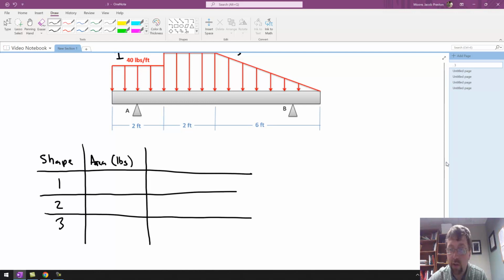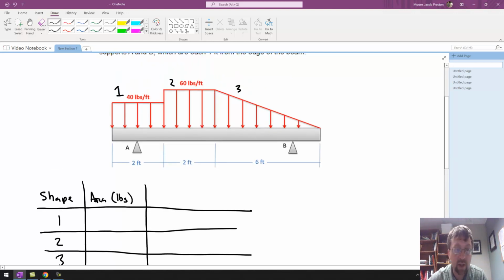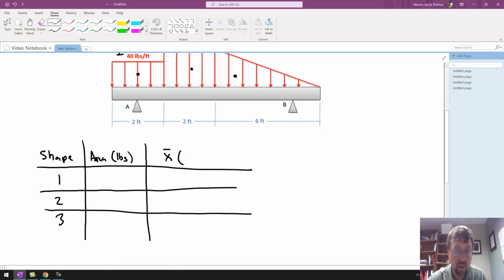And then in terms of the other piece, we need to know the centroid or x-bar of each of these 3 pieces. So the centroid of the rectangle, somewhere around here, centroid of this rectangle, somewhere around here, and the centroid of the triangle for shape number 3. Each of those is going to be in feet. And we're measuring everything from the left over here. So this is my origin point right here.